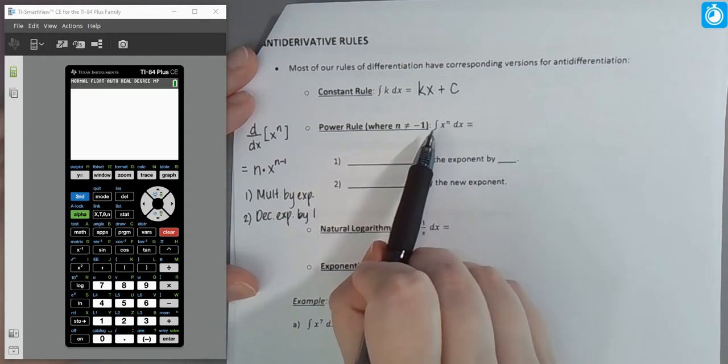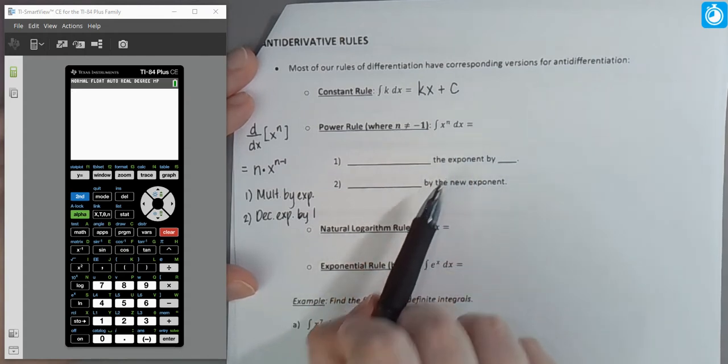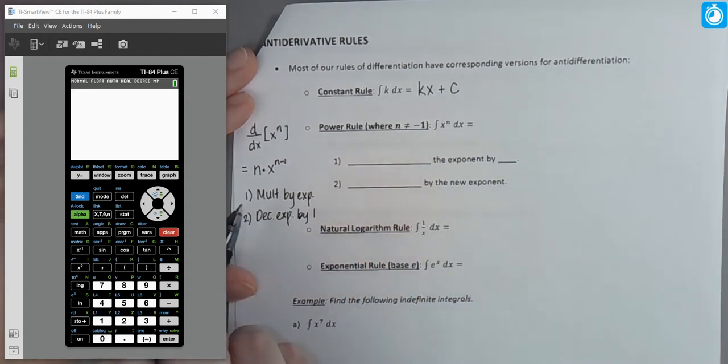Now the power rule for anti-differentiation reverses that. Not only do we do things in the opposite order, but we also reverse the actual operations. So multiplication reverses to become division, and decreasing the exponent reverses to become an increase of the exponent.